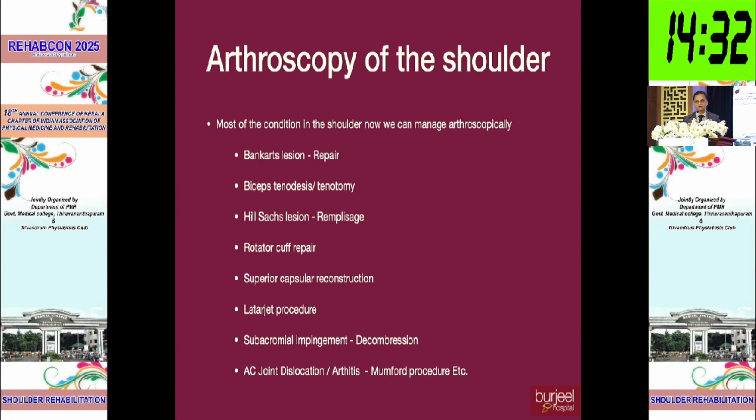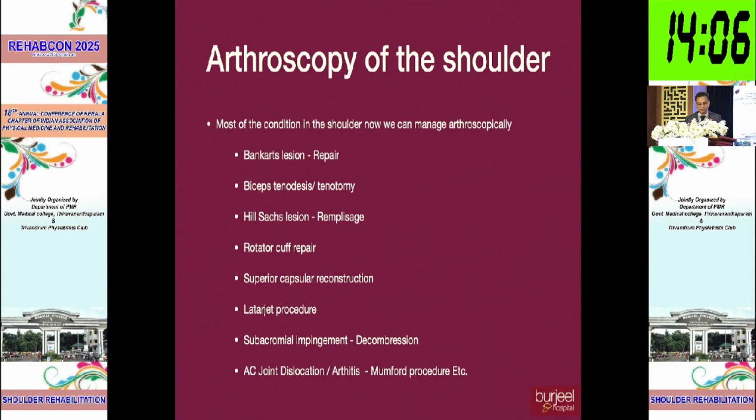More and more indications are coming into arthroscopy, like Bankart's lesion. Now I cannot imagine an open repair of Bankart's lesion, which is more traumatic than the dislocation. Arthroscopic repair made it so simple. Biceps tenodesis or tenotomy, and Hill-Sachs lesion, we can manage arthroscopically by doing remplissage.